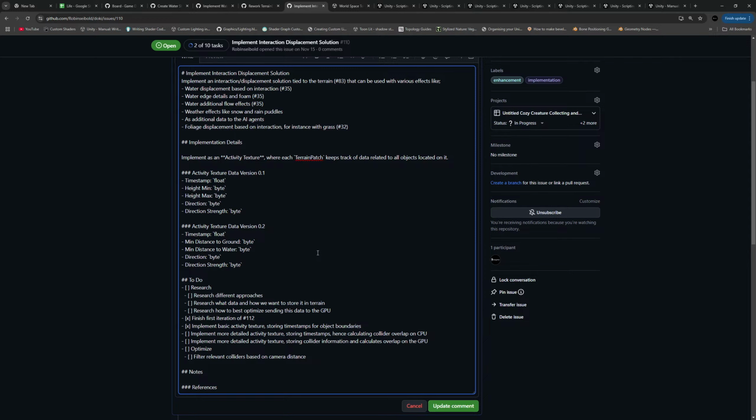I'm trying to figure out if this is sufficient, what problems we might run into. Mean distance when we want to update it, when we don't want to update it.